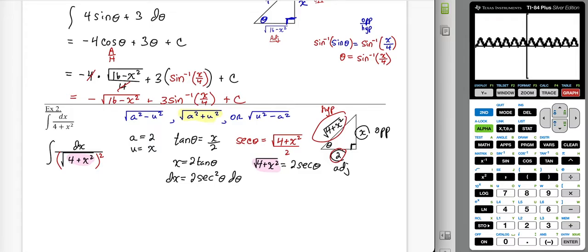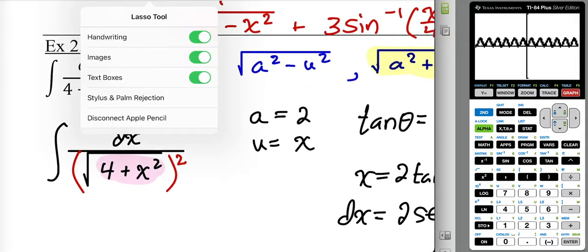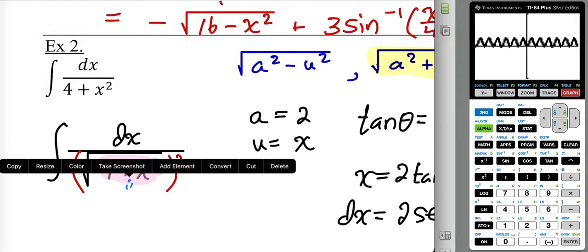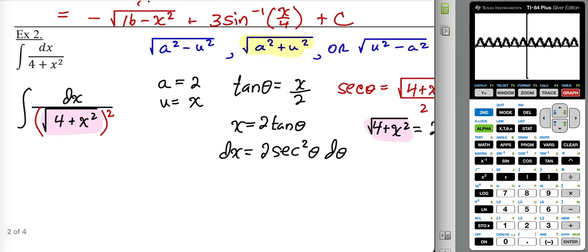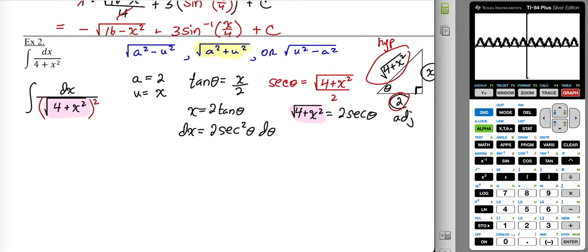The square root of 4 plus x squared, let me get the right highlighter here, so the entire radical, for a 2 secant theta. Alright, so I'll start with that.